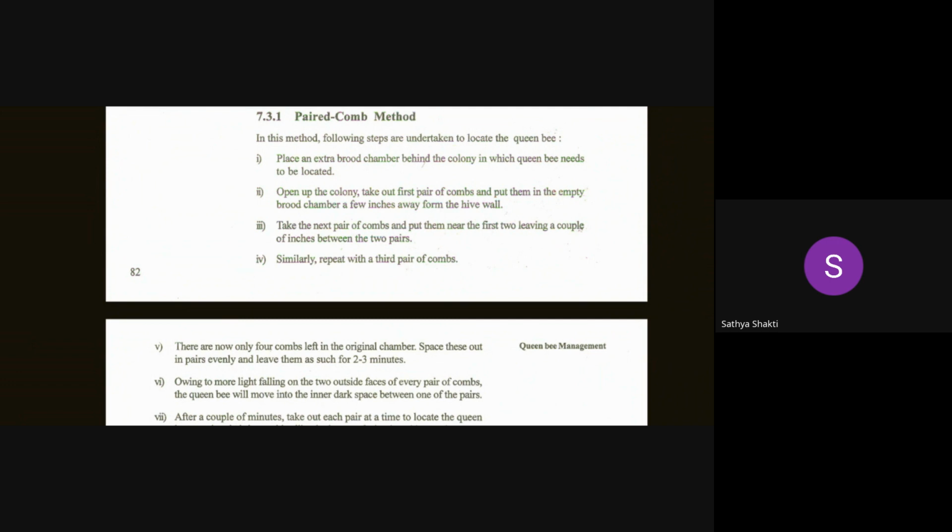There are different methods. One is the paired comb method. In this method, the following steps are undertaken to locate the queen bee. Place an extra brood chamber behind the colony in which the queen bee needs to be located.